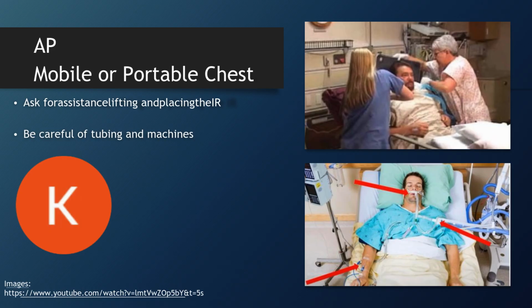So here it shows this is more of when we are taking patient care and safety into consideration. Communication is key. When we have a patient that is on a gurney or on a wheelchair, and you're trying to put that image receptor behind them, we have to be very cautious if they have any tubing or any machines that are plugged in.